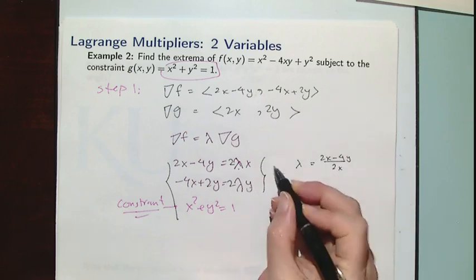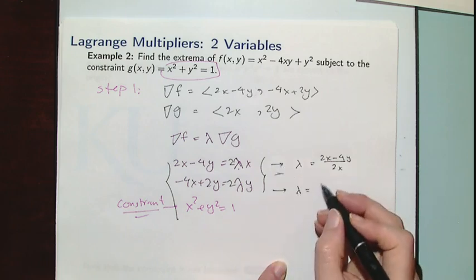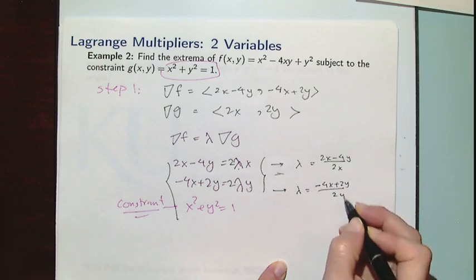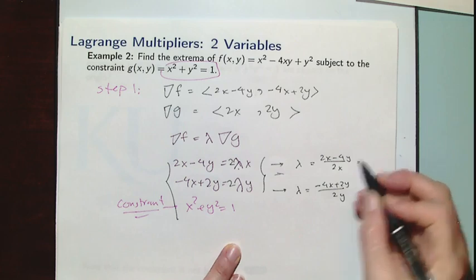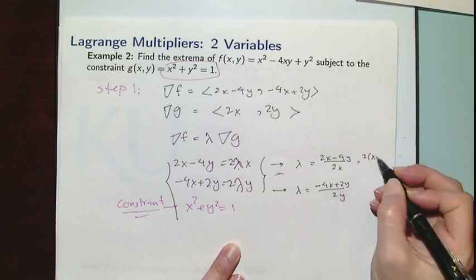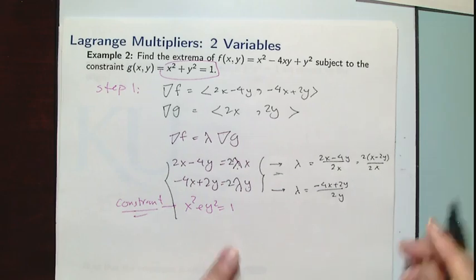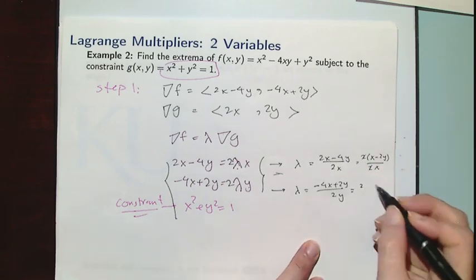How about the second one? Lambda is equal to minus 4x plus 2y divided by 2y. It simplifies a little bit too, right? Factor a 2 out, and these 2 are going to simplify.